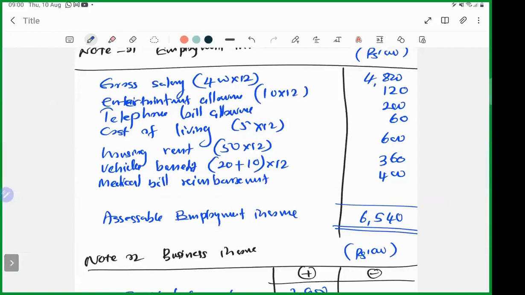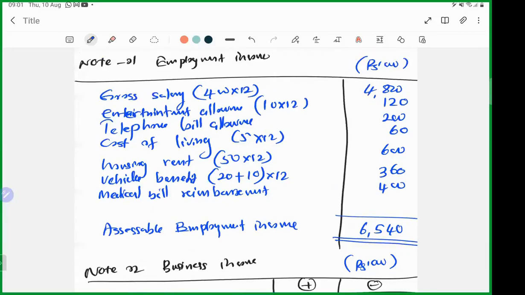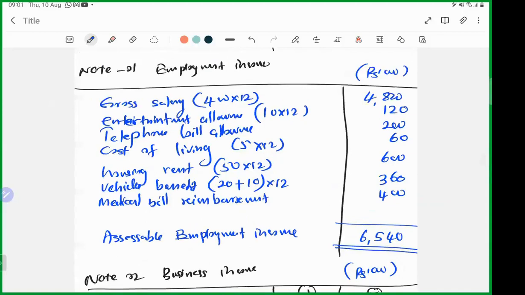Right. Here you can see, total taxable income was 10,440. Then based on that taxable income, we calculated the relevant tax.